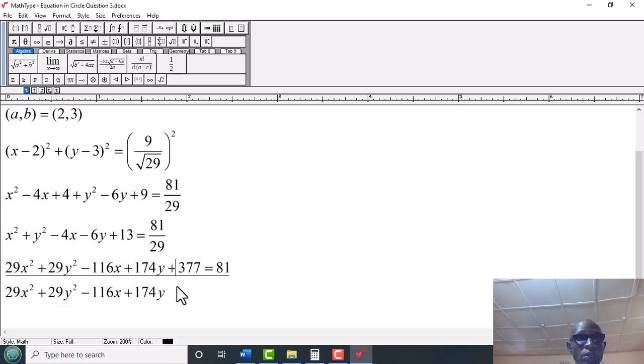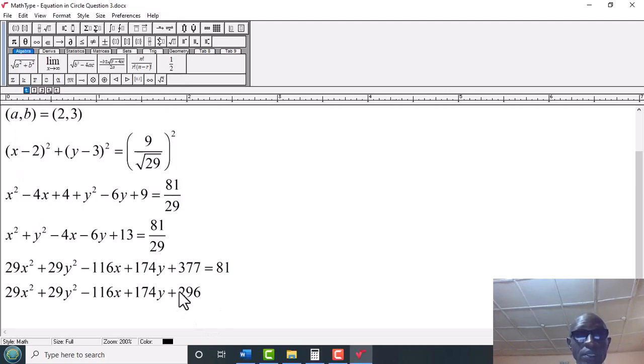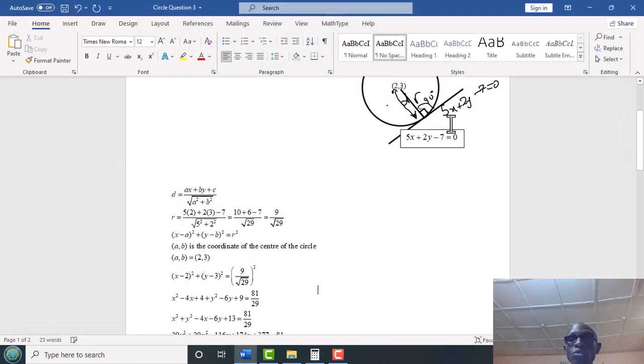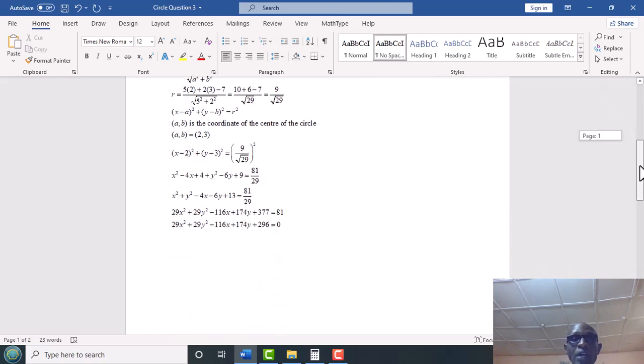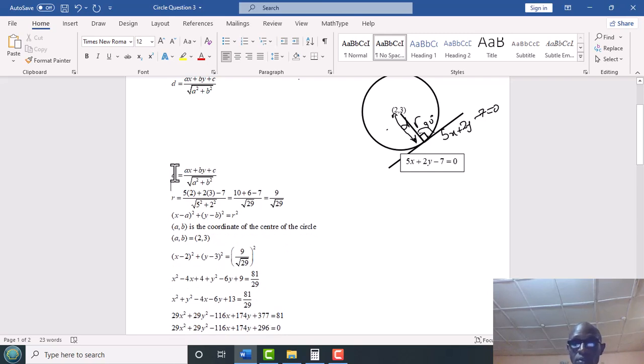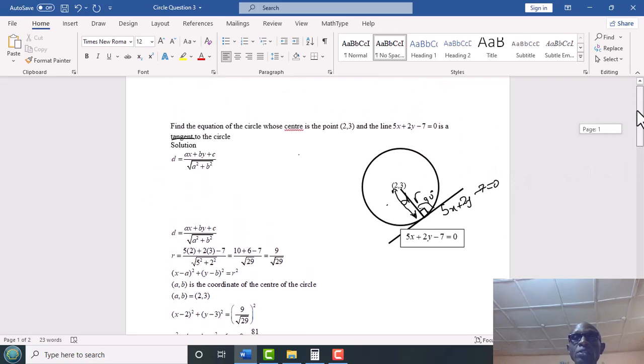So we now have 377 minus 81, so that will be 296. So 29x squared plus 29y squared minus 116x minus 174y plus 296 equals 0. This will be the equation of the circle that we are asked to find.